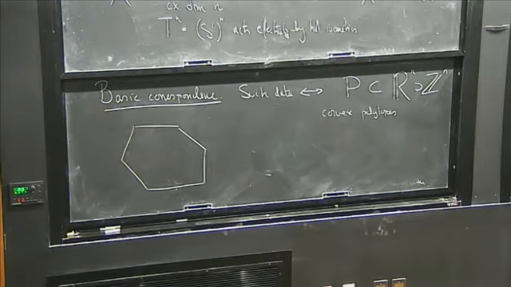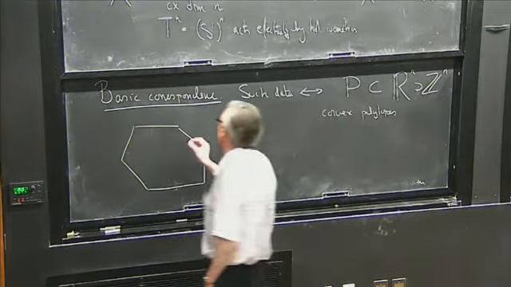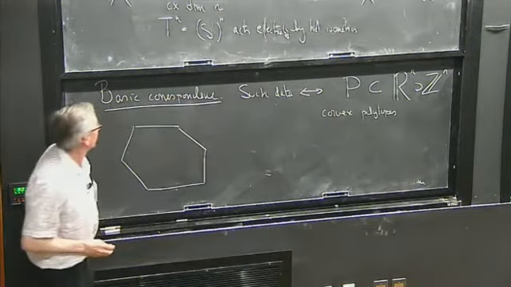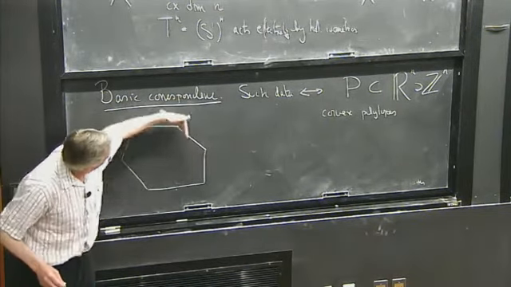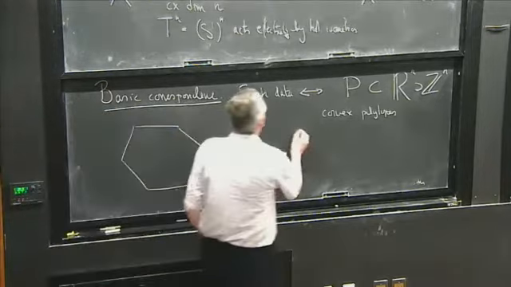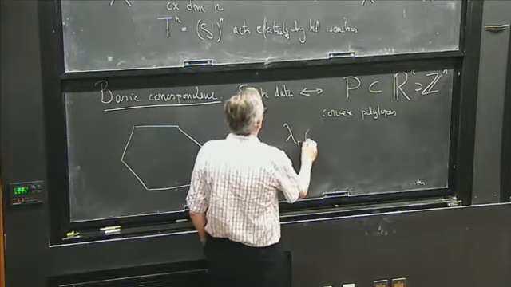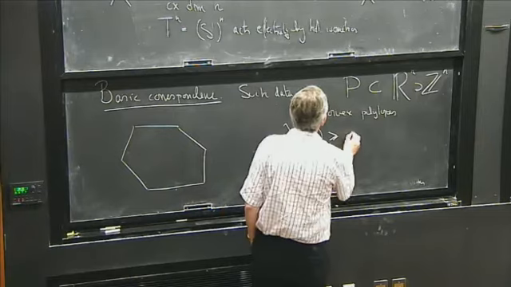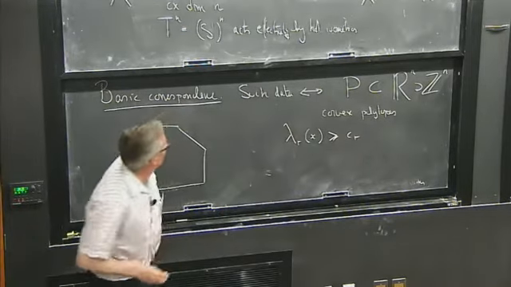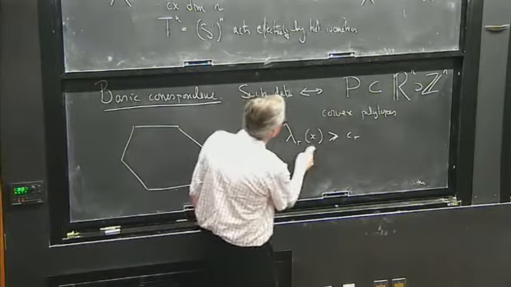And what follows from this is that we can think of P as defined by a finite number of inequalities, lambda_r(x) is greater than or equal to c_r, where these have integral coefficients.